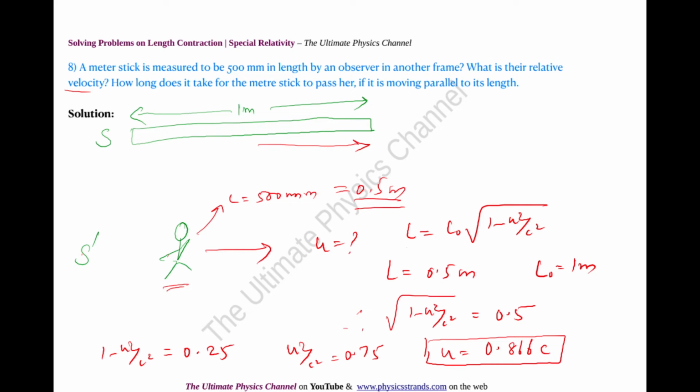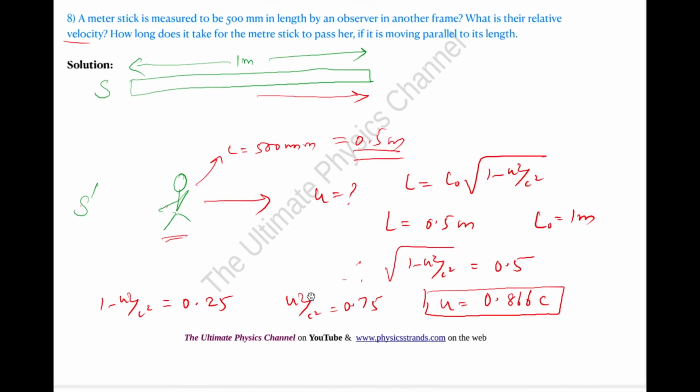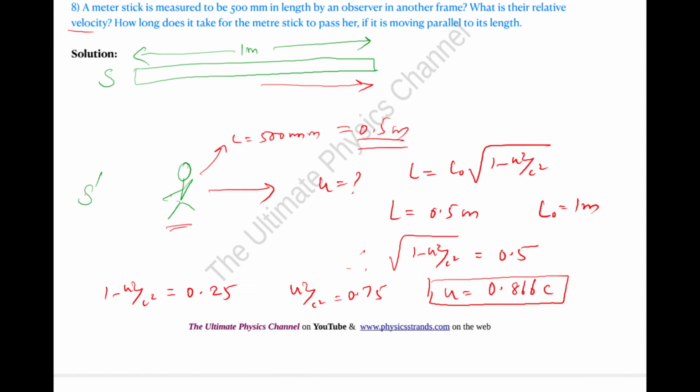Okay, right. Now the question here is, how long does it take to go past her? Time taken for the meter stick to go past her is the distance measured by her, it is 500 into 10 power minus 3 meters, because it is given in millimeters as 500 mm, over the speed. Speed has been calculated as 0.866c. So 0.866 multiplied by 3 into 10 power 8.